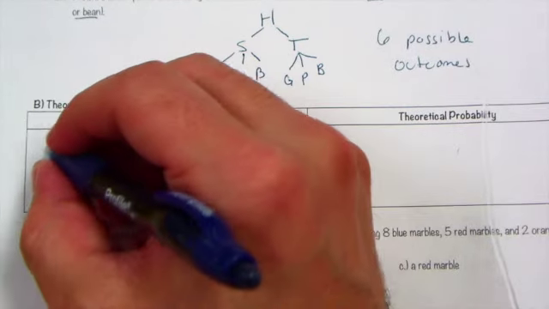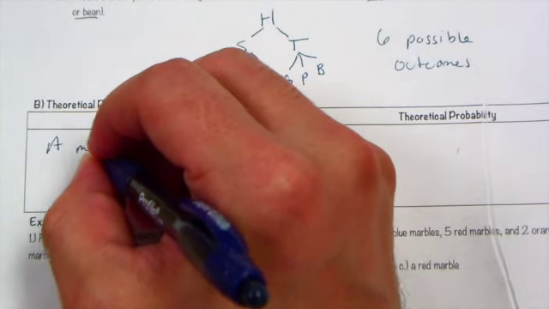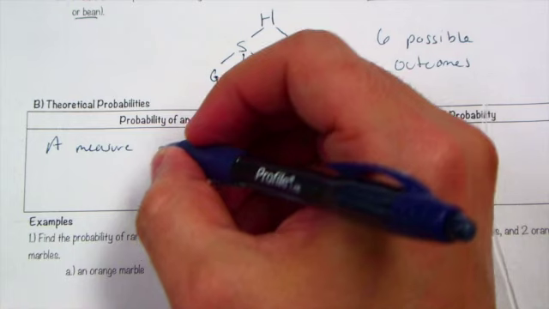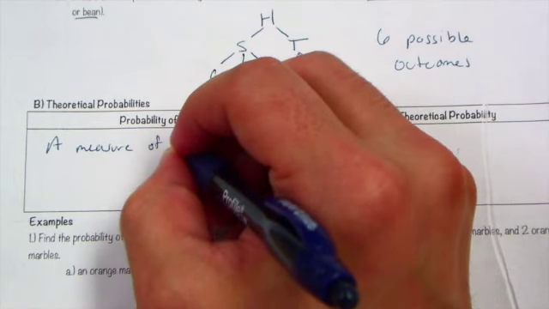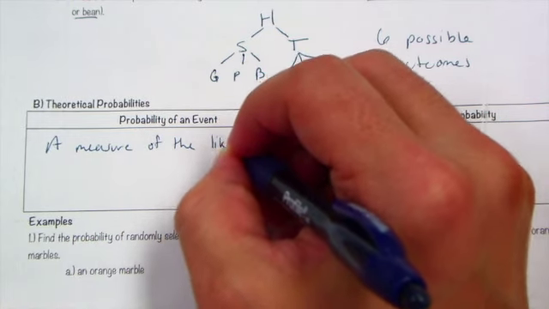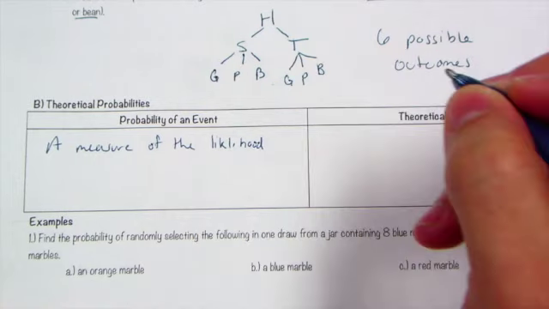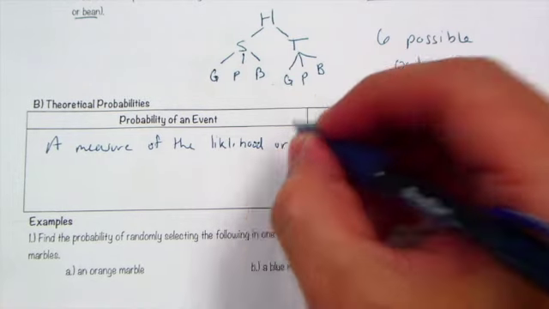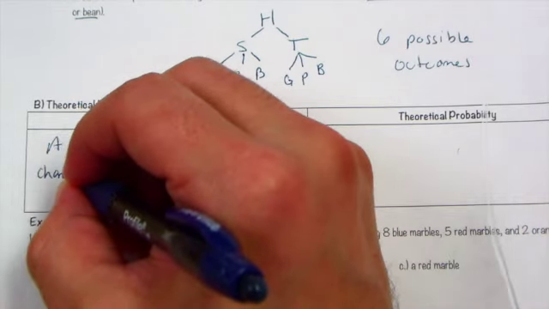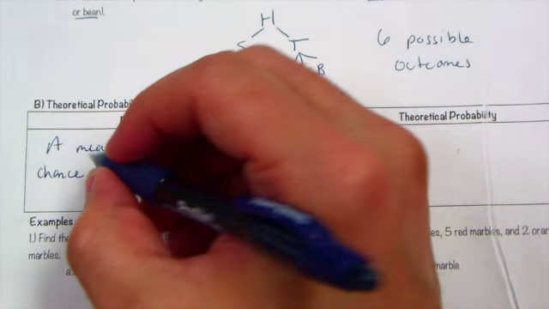It is a measure of the likelihood or chance that an event will occur.